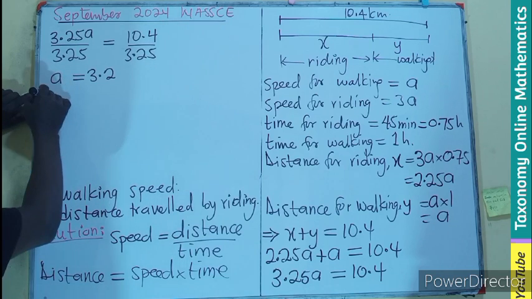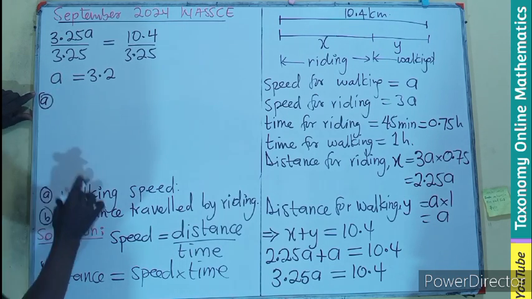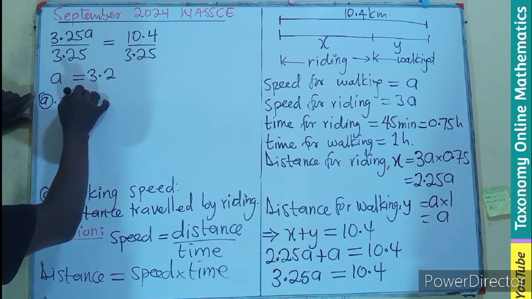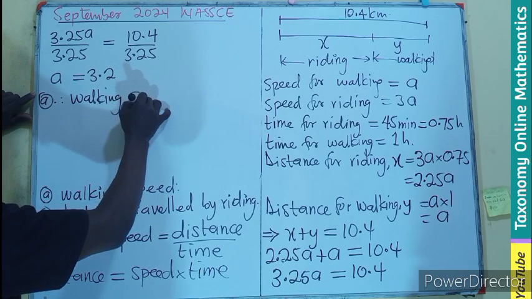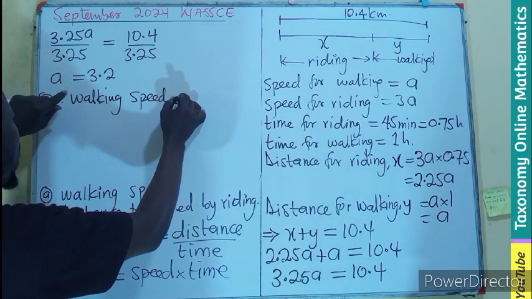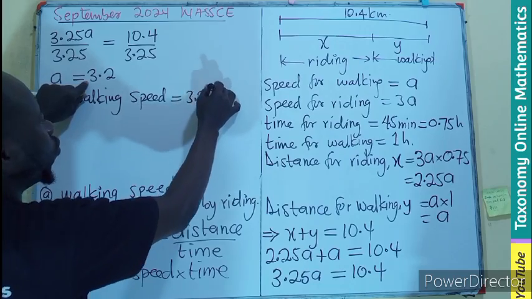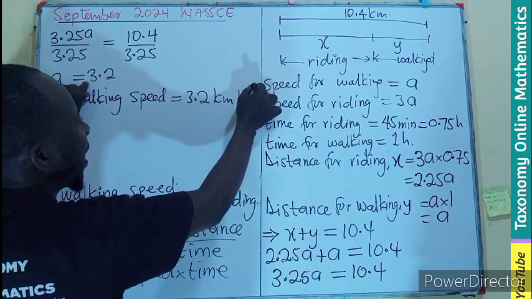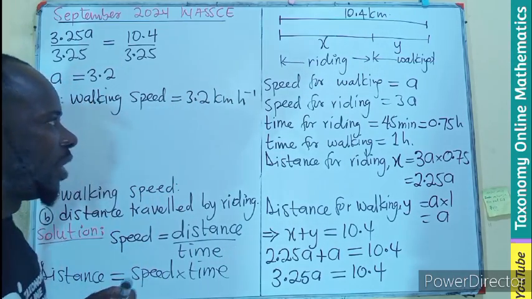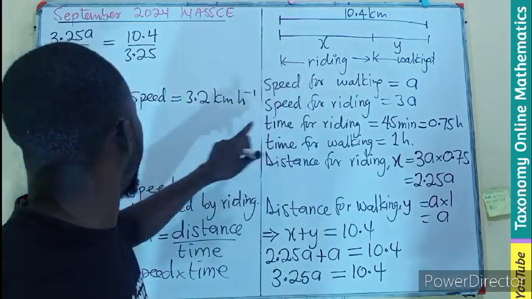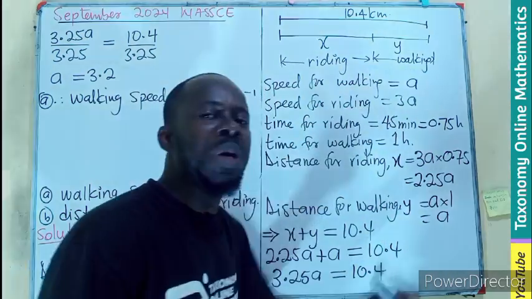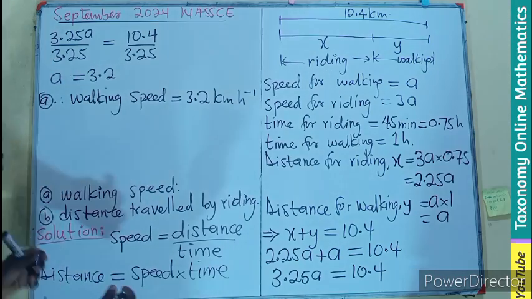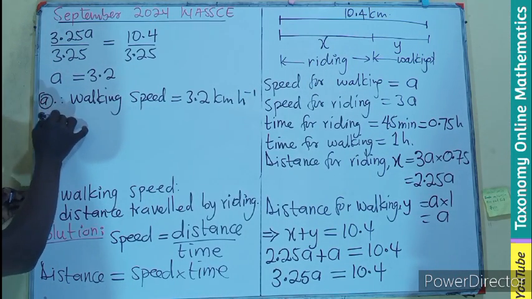So we can say that our A, which is the walking speed, will be equal to 3.2 kilometers per hour. The speed that will be used in walking from here to here is going to be 3.2 kilometers per hour.